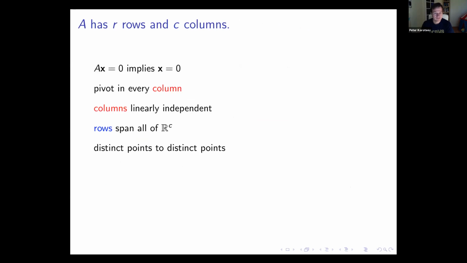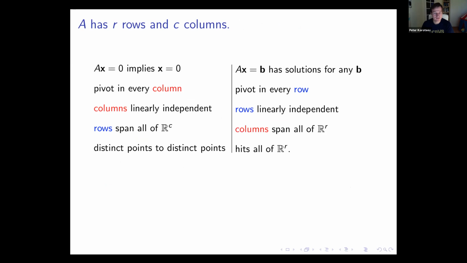So this is just a summary for the homogeneous equation, and then for the inhomogeneous equation. For the inhomogeneous equation, AX equals B has solutions for every B if there is a pivot in every row. Rows are linearly independent, and columns span the whole thing. The homogeneous equation is in a sense complementary: there is a pivot in every column, columns are independent, and rows span RC.